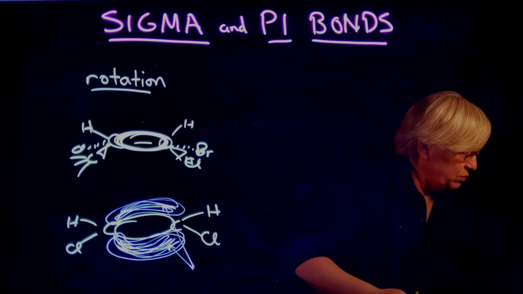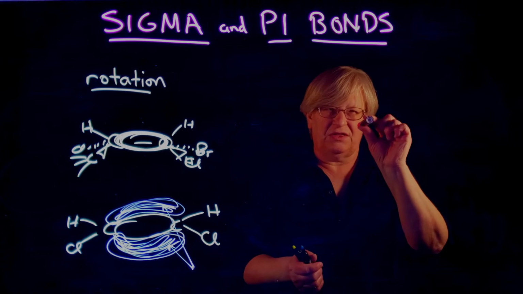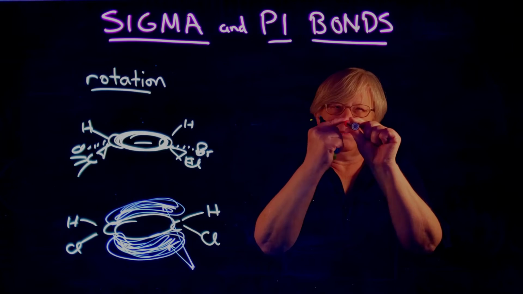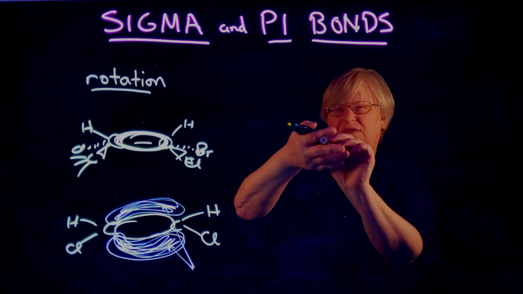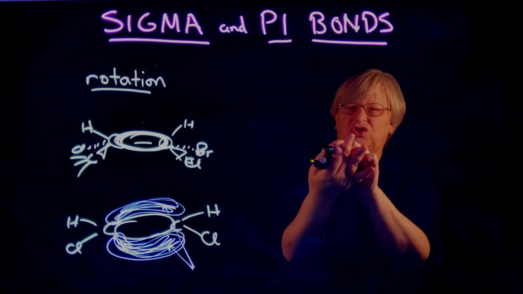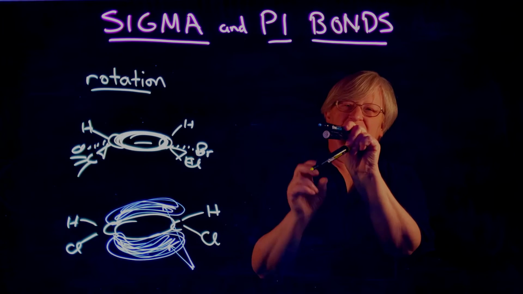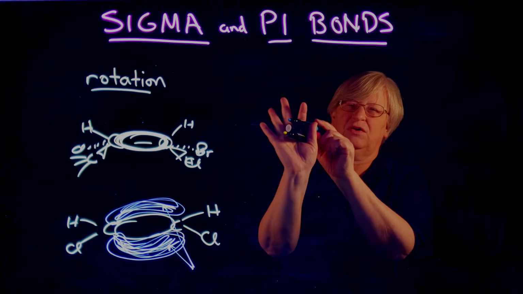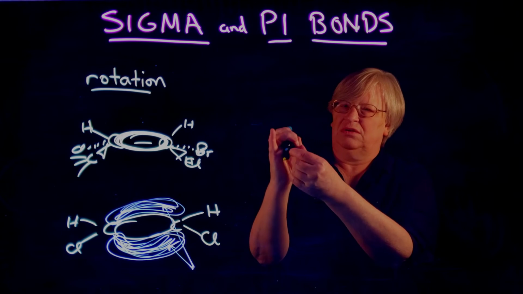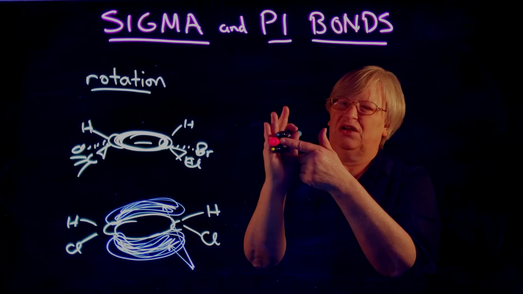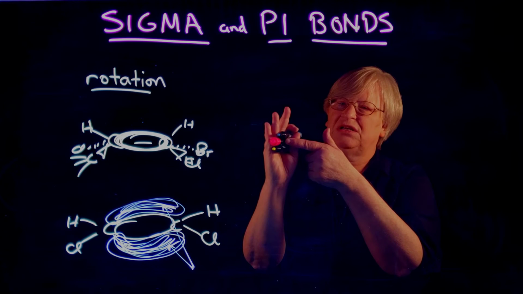So if I were to hold these markers, say this is my sigma bond, here's the one nucleus, here's another nucleus, and then I'm holding these two markers. I don't know if you can see this very well in the video, but maybe I'll turn this one around. This tip with a lid on, that one is our sigma bond.